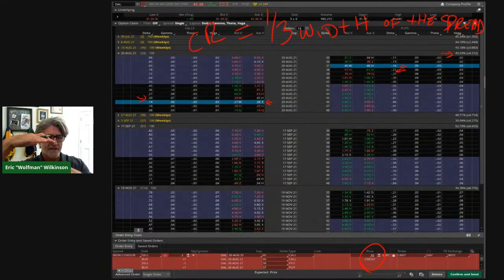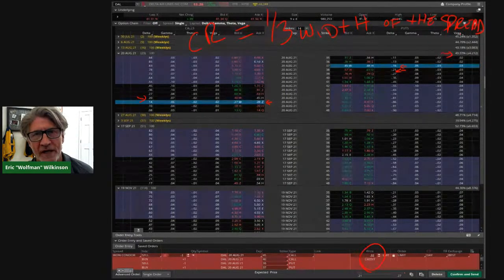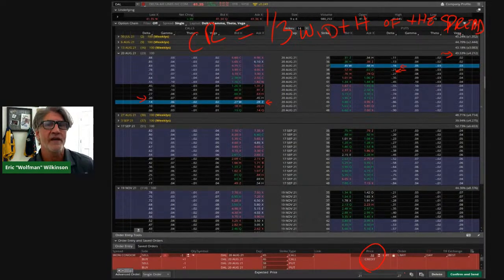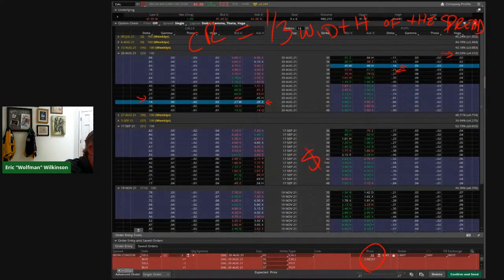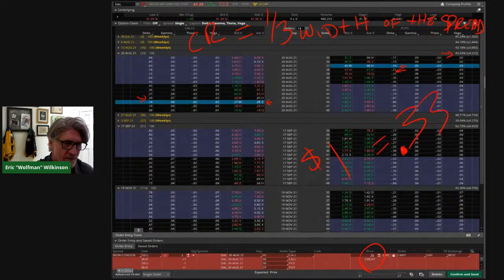That means the underlying stays in between, so it can't go in both directions at one time. Only one side of this strategy can really hurt me. If it goes through the calls, then the call spread's the one that hurt me, and the put spread's making money. So this is $1 wide, and on $1 wide that's going to equal right around 33 cents, which is literally what we did there.